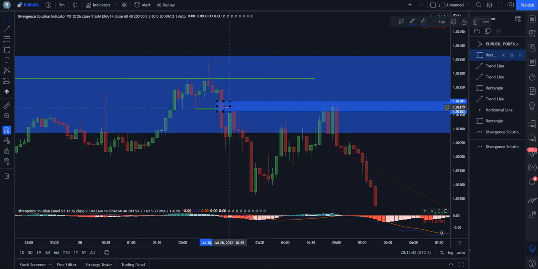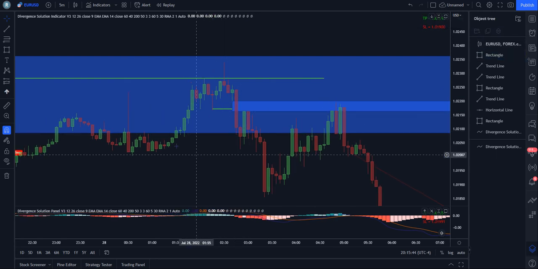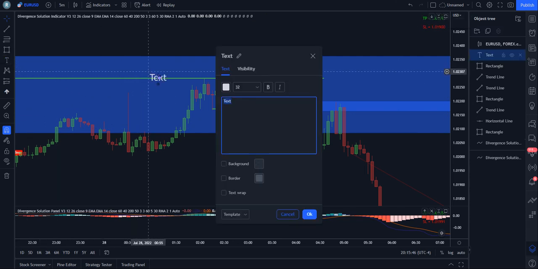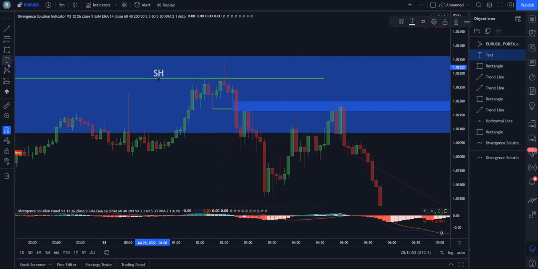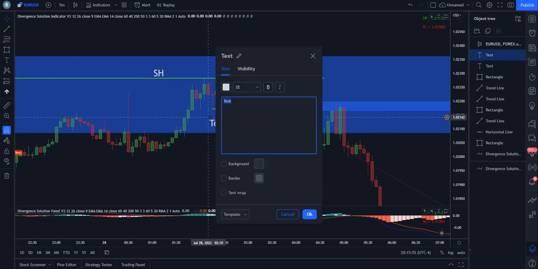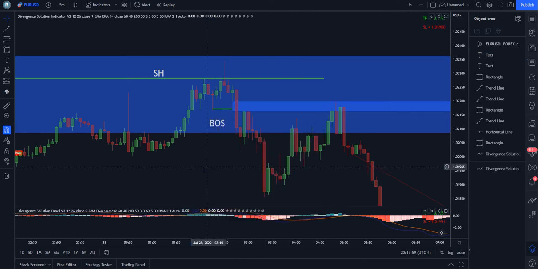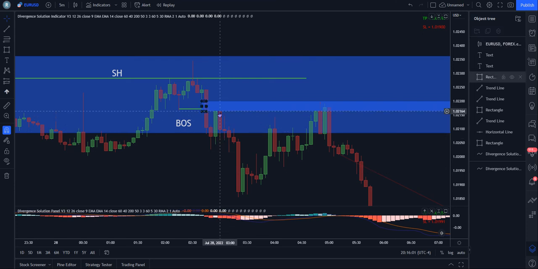But remember what I said at the third step. Let's mark these out. Stop hunt. Break of structure. You've got this high, you've got this high, you've got a gap. So as this high is forming, I'm thinking, okay, it wants to run above here.